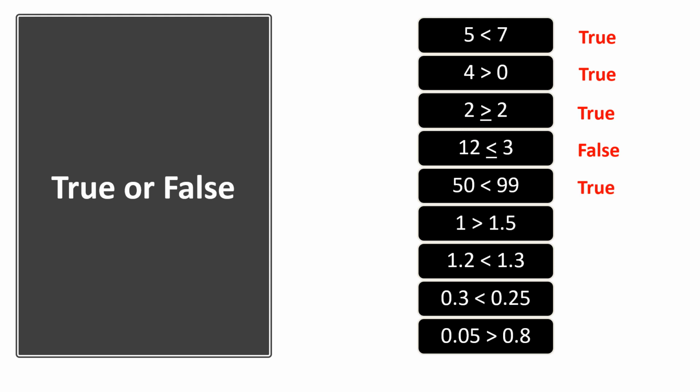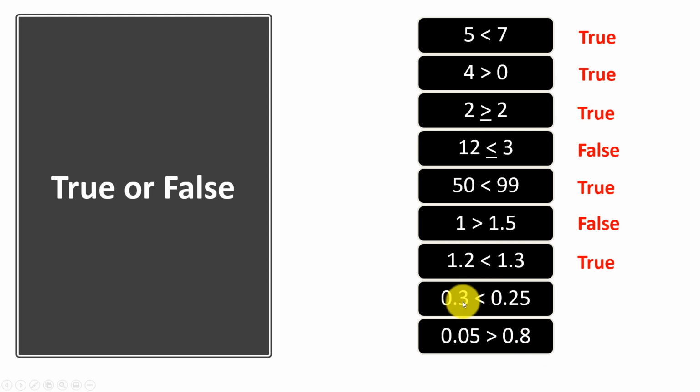1 is greater than 1.5. That is false. 1.5 is greater than 1. 1.2 is less than 1.3. That is true. On a number line, 1.3 is more to the right than 1.2. 0.3 is less than 0.25. If we think of this as money, 0.3 is like 30 cents.